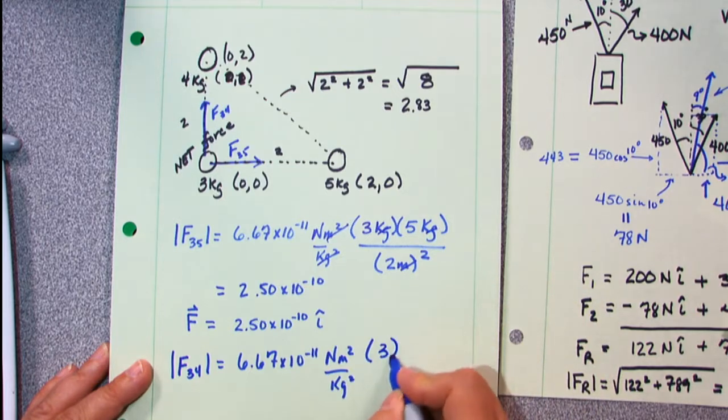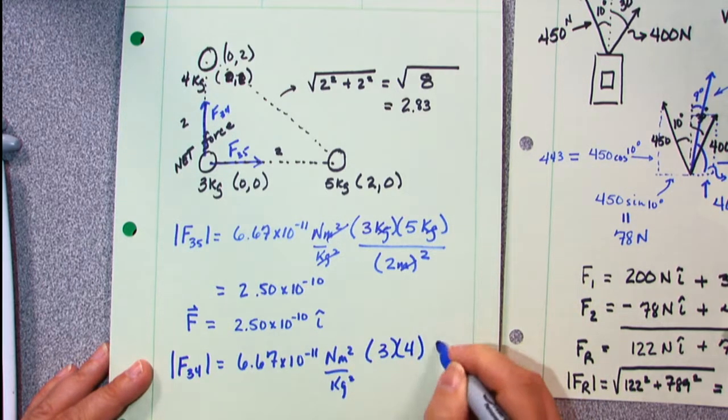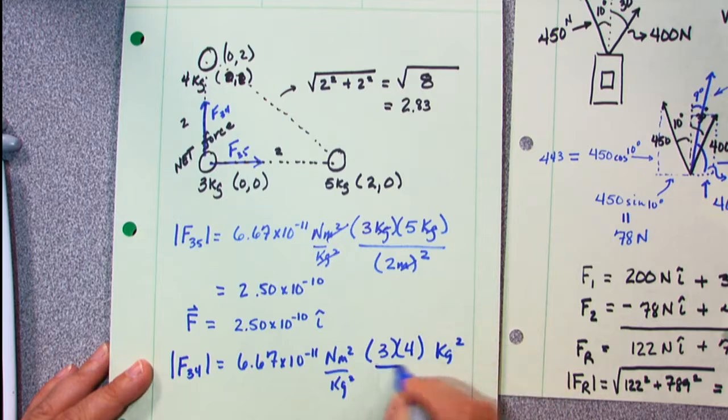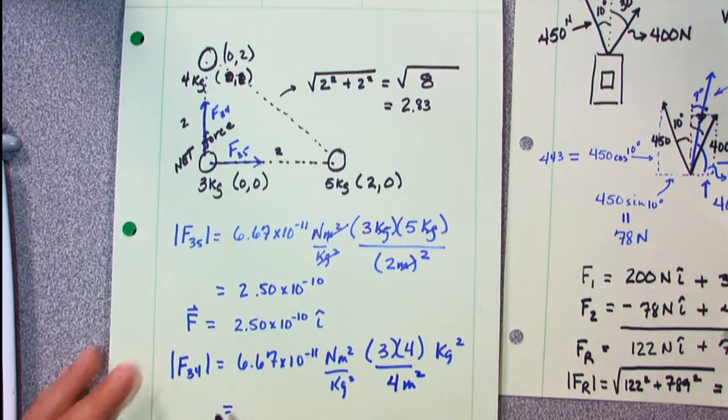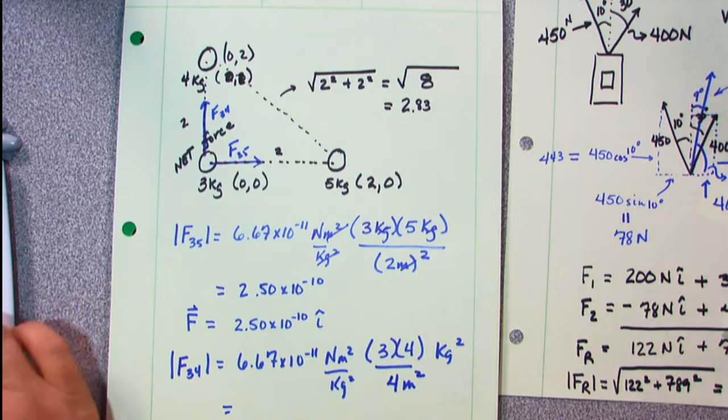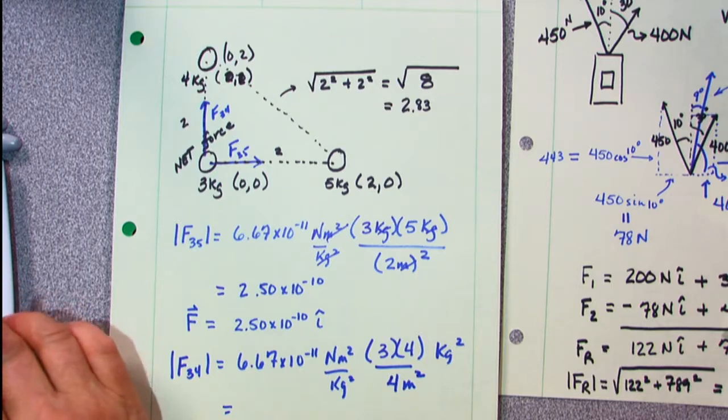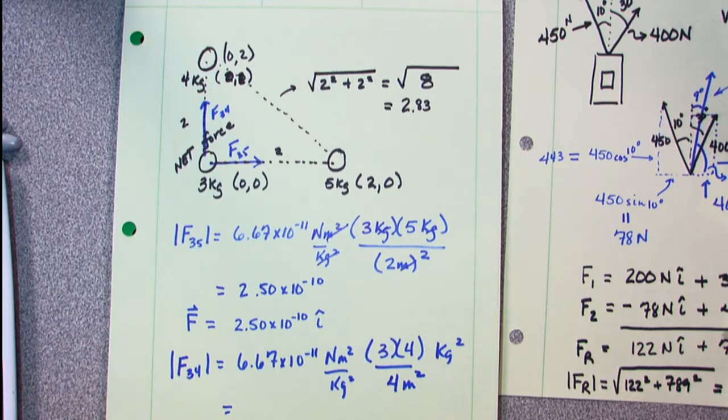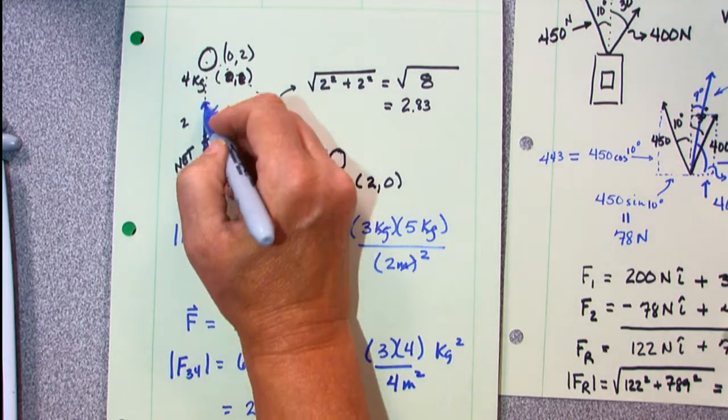So this is 3 times 4, that's kilograms squared, divided by 4 meters squared. So this is going to be 3 times 6.67 times 10 to the minus 11, which gives me 2.00 times 10 to the minus 10. And this is going to be in the j direction because it's all up there.